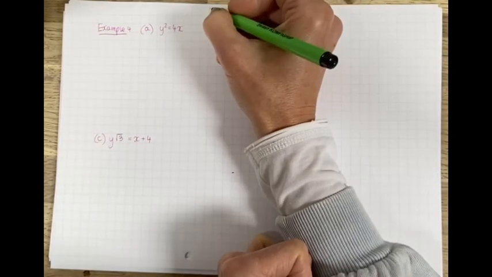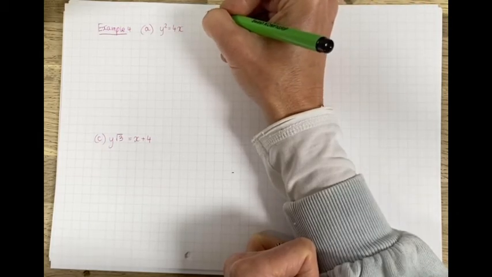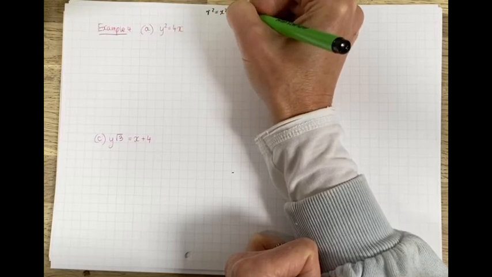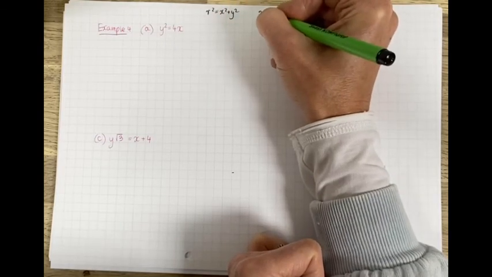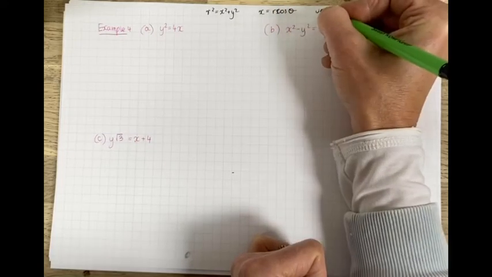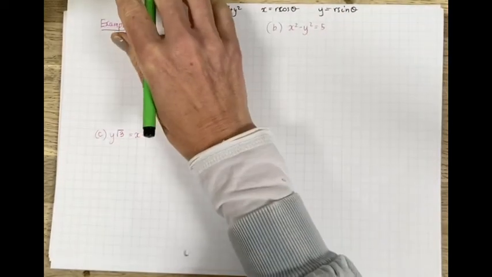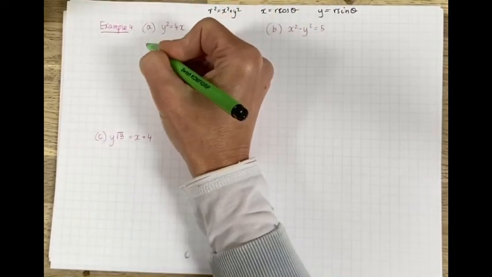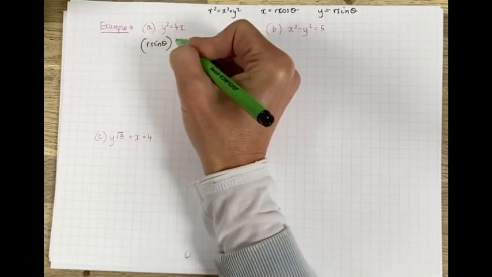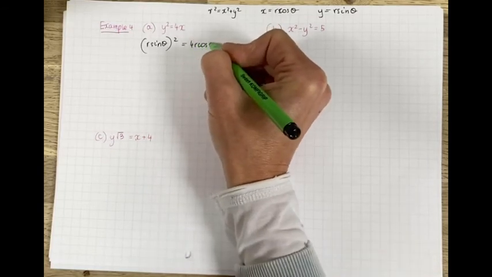So again, straight away, if we want to change these into polar coordinates, let's write the definition. So r squared is x squared plus y squared, your x is r cos theta and y is r sine theta. We're just going to replace those x's and y's. So you've got r sine theta all squared is equal to 4r cos theta.